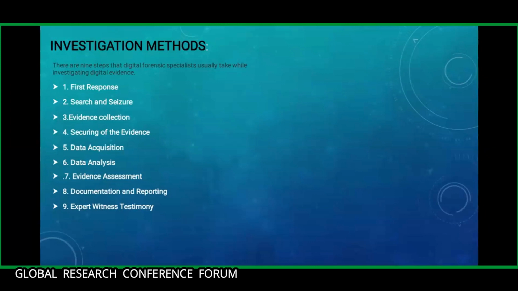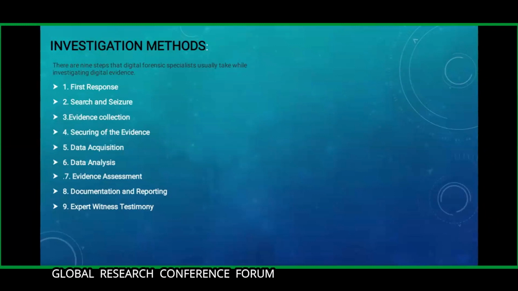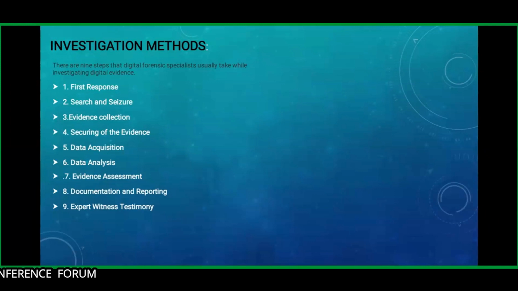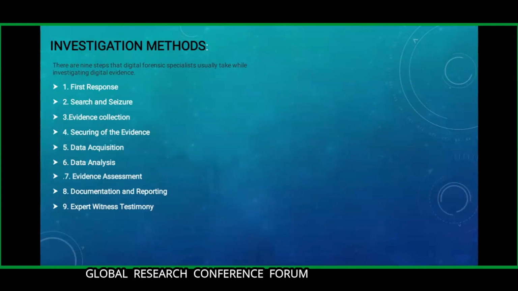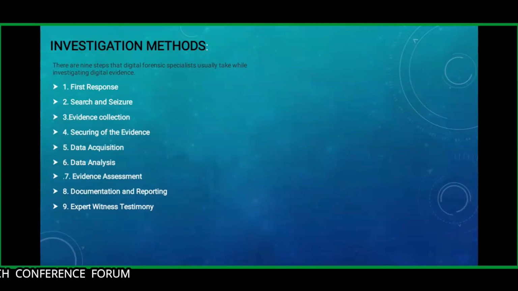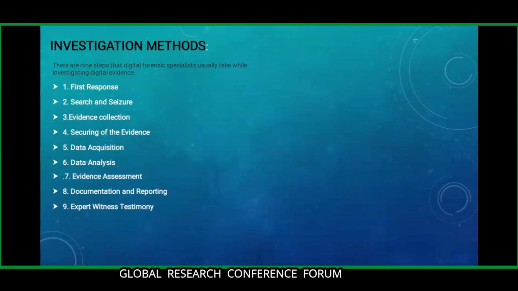Data acquisition. The forensic team retrieves electronically stored information from the devices. Professionals must use proper procedure to avoid altering the data and sacrificing the integrity of the device. Data analysis. Team members sort and examine the authenticated ESI to identify and convert data that is useful to the case. Once ESI identifies evidence, investigators assess it in relation to the security incident.